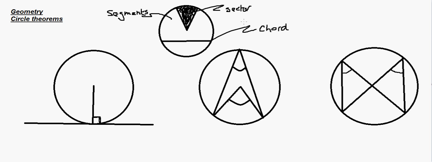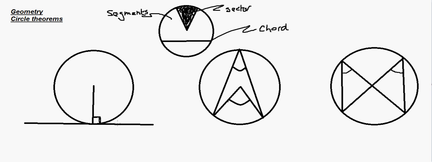So just to confuse you a little bit more, what you always believed was something isn't. So this is a sector and this is a segment. Now I wouldn't get too hung up about this because it tends not to come up, but it's something that is good to know. So the rules that you need to know.